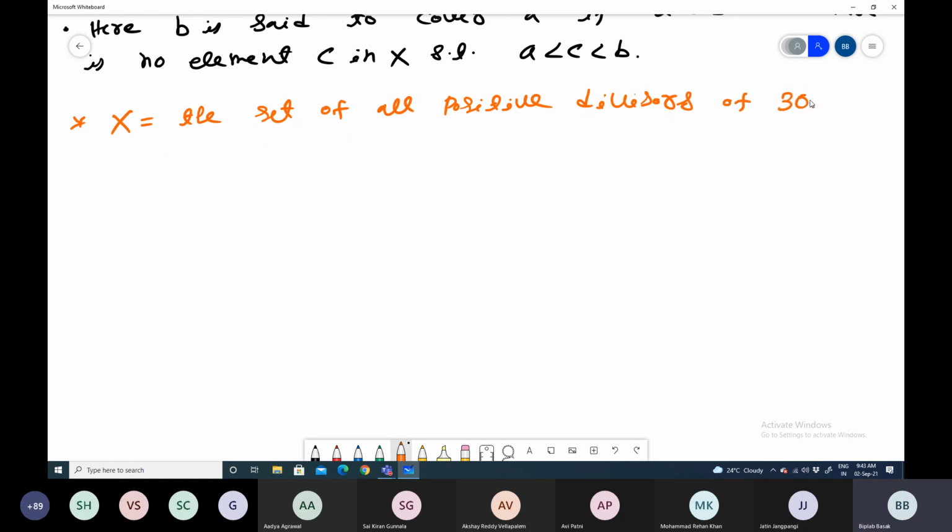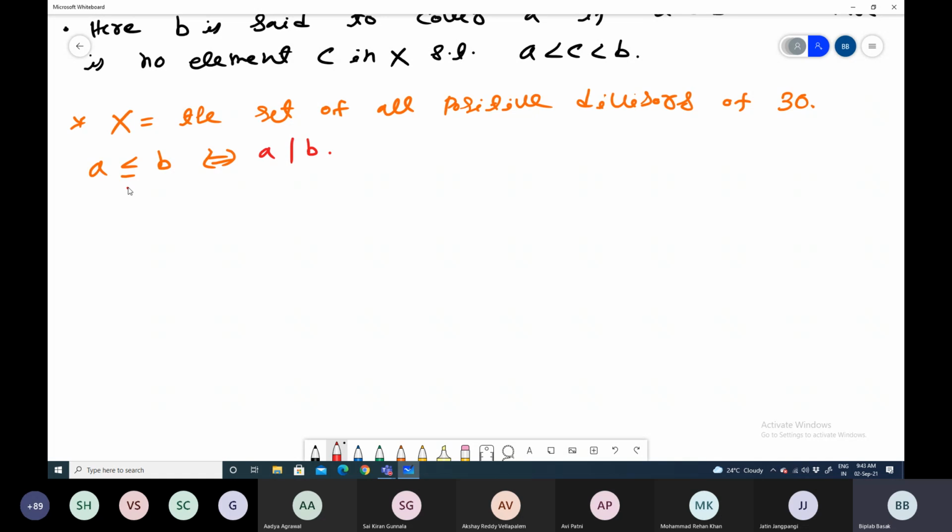So this is my set X, and the relation, less than or equal to, we define as A less than or equal to B means A divides B. So this is our relation.